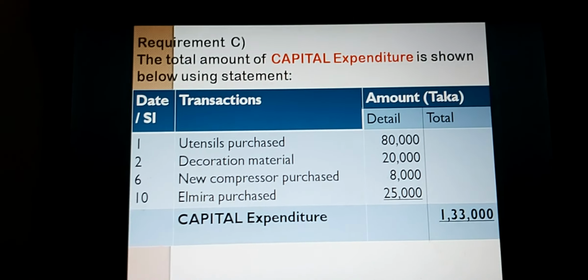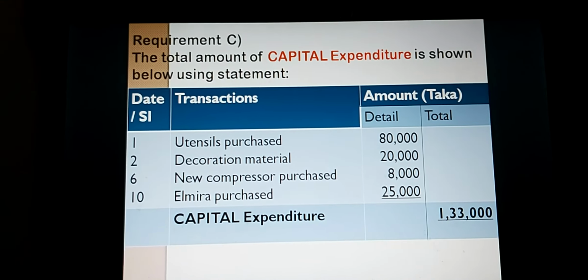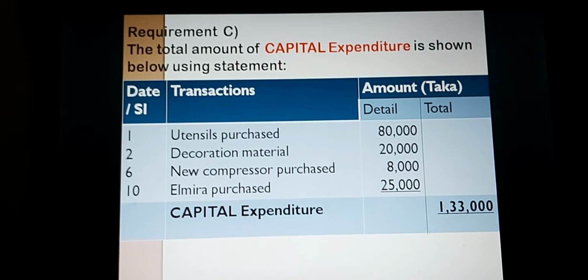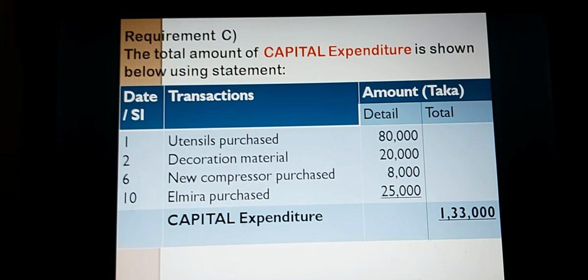It can be answered very easily by any student, because capital transactions are of two types: capital expenditure and capital receipt.